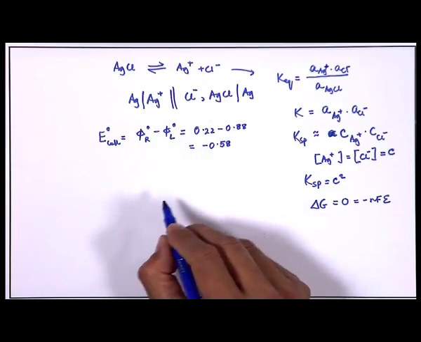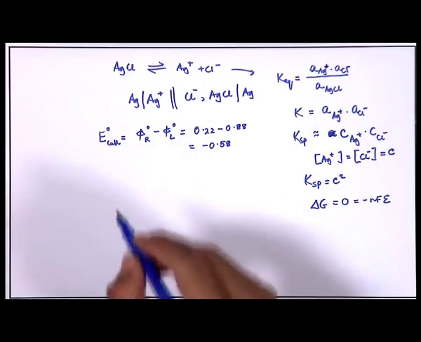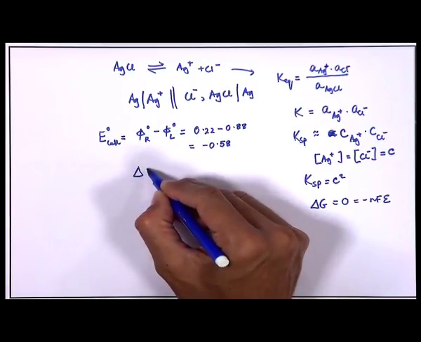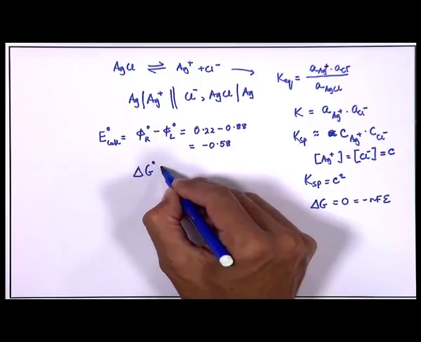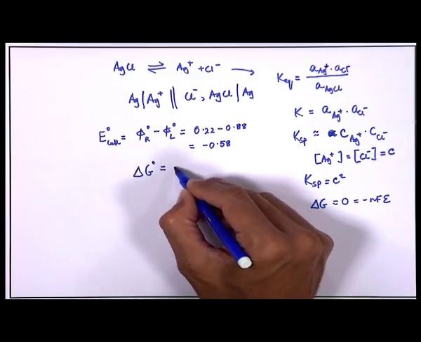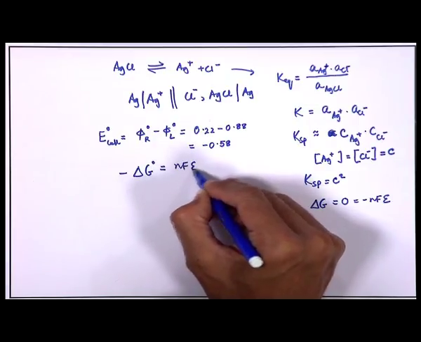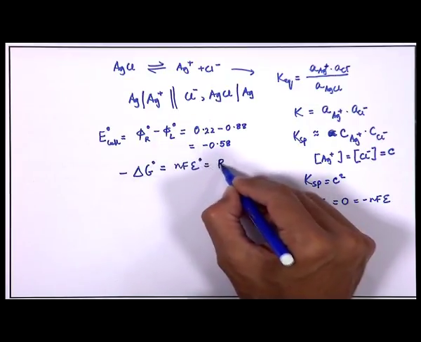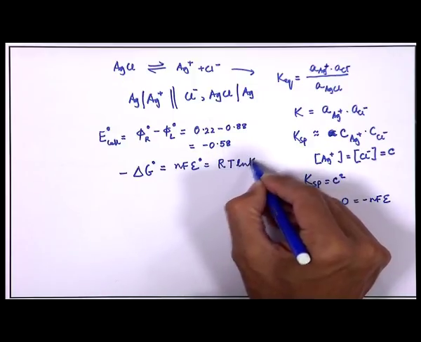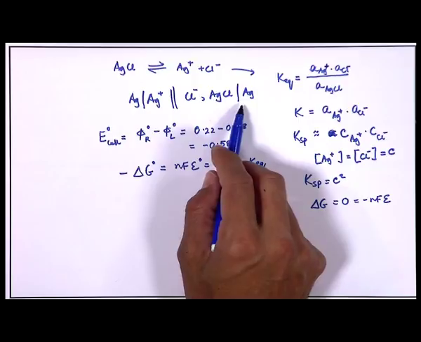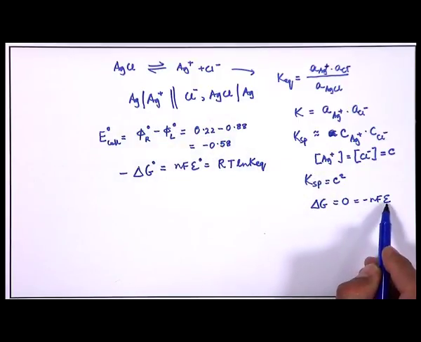Therefore, we can write from Nernst equation that minus delta G0 is equal to nFE0, which is equal to RT ln K equilibrium, because at equilibrium the cell is not producing any electricity, because E is equal to 0.